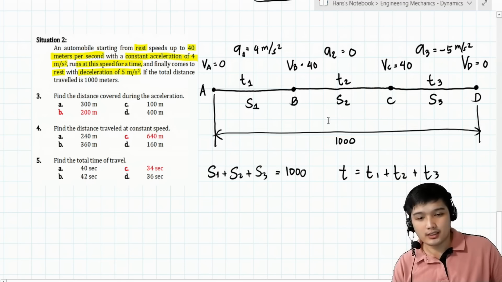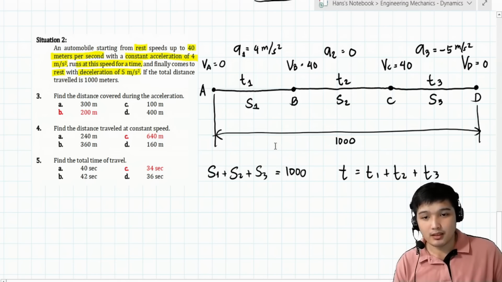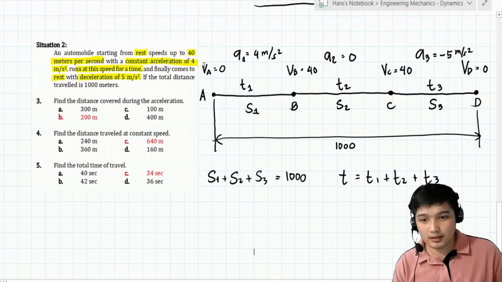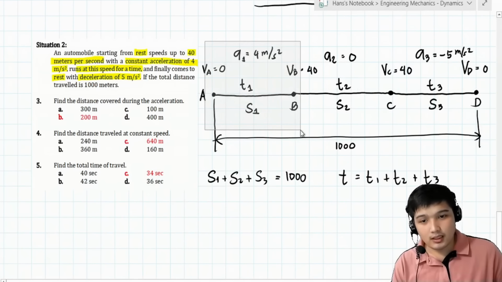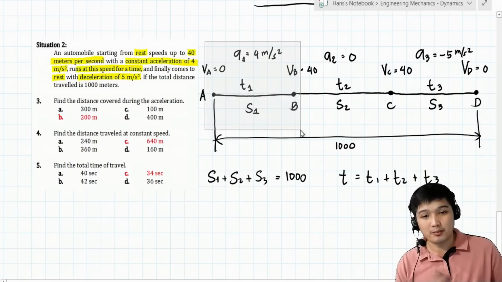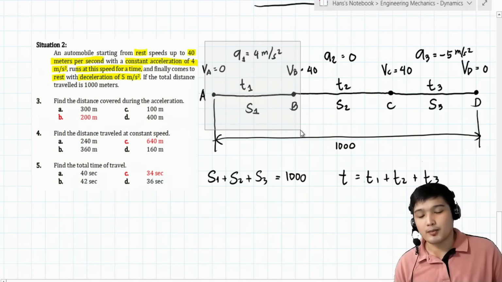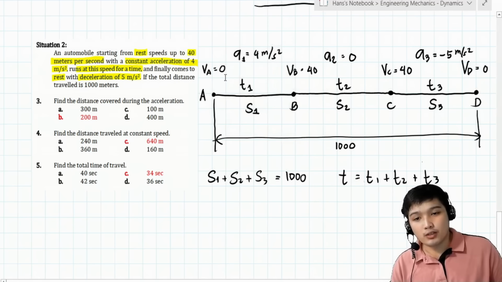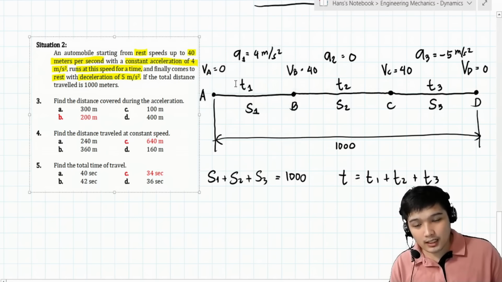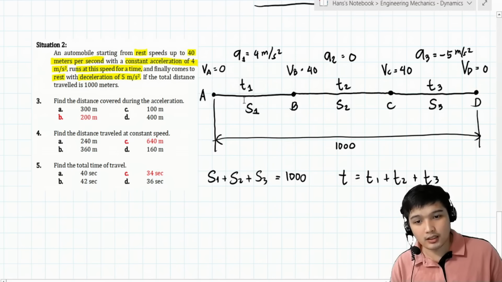Now let us analyze segment by segment. For the first segment, from A to B, it undergoes constant acceleration, so we can use the formulas presented a while ago, the first three relationships. We need S1 because we are asked to find the distance covered during the acceleration.